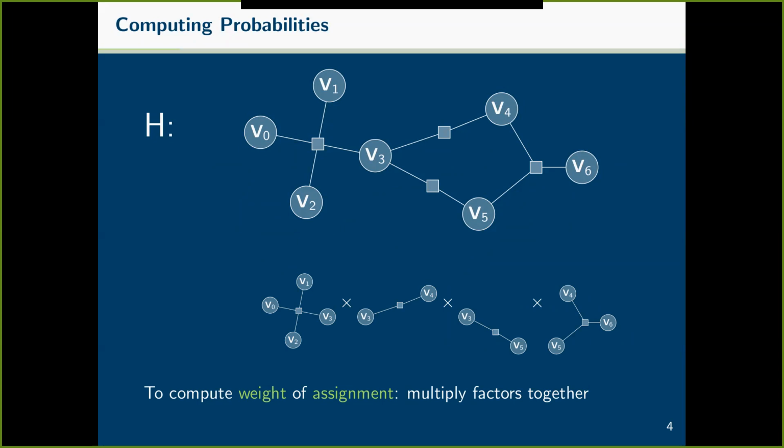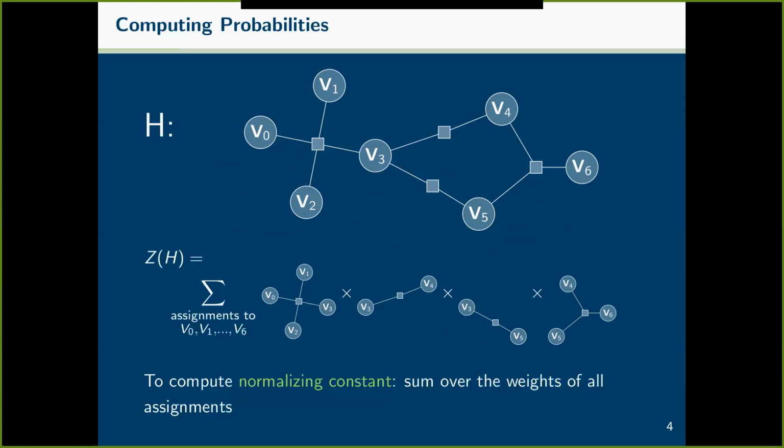And if you want to convert that to a probability, then you have to multiply in some normalizing constant Z, because factor graphs are a globally normalized model similar to Markov random fields, unlike Bayes nets, which are a locally normalized model. So how do you compute this normalizing constant Z? Well, you just sum over all of the possible assignments to the graph, and then you get your normalizing constant as usual.